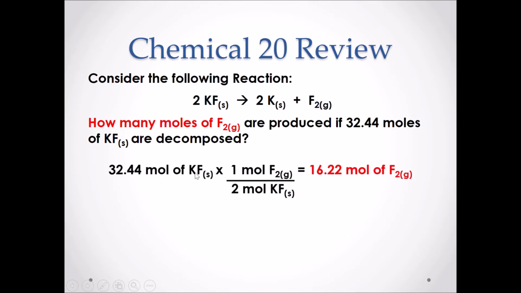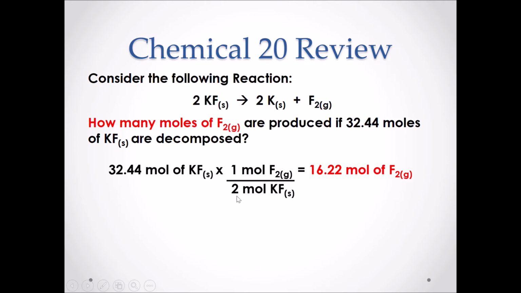Always start your calculation with the value which is given in the question, 32.44 moles of KF. We want our answer in moles of F2. Therefore, on the numerator, we have 1 mole of F2. The 1 comes from the coefficient in front of F2 in the chemical equation. We need to cancel out moles of KF solid, so 2 moles of KF solid is on the denominator.